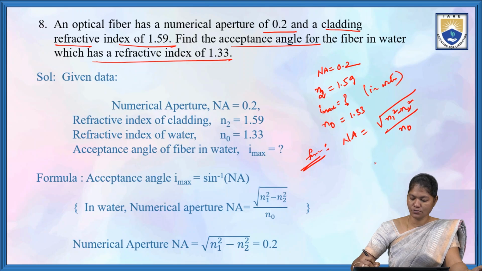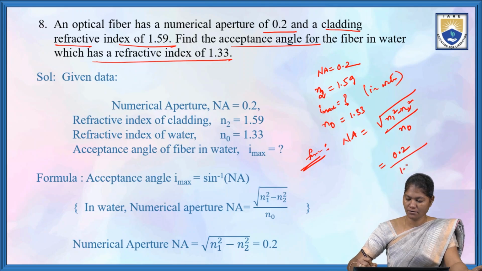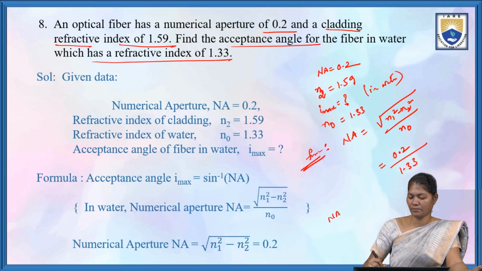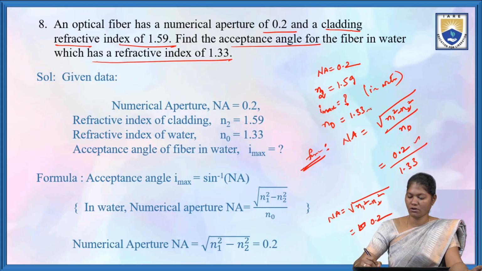So that is equal to 0.2 divided by 1.33, where in the normal case, numerical aperture is equal to root of N1 square minus N2 square. So substituting, 0.2 divided by N naught, 1.33.